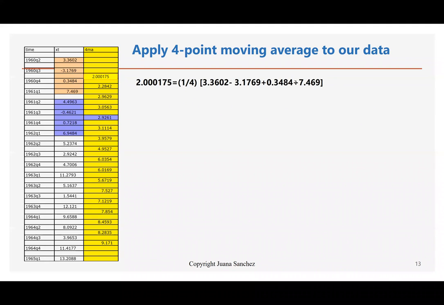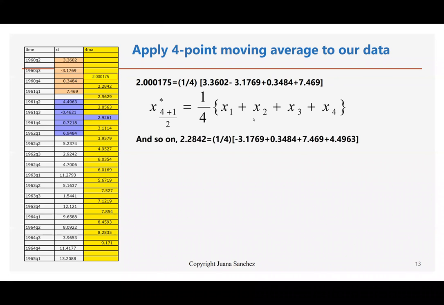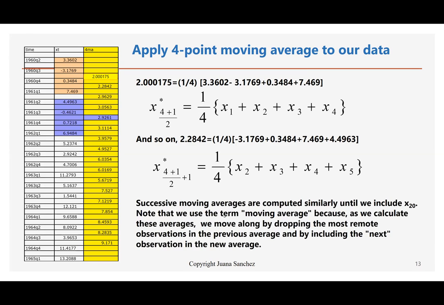We obtain it by averaging the first 4 terms, dividing their sum by 4. The second one was obtained by averaging minus 3.1769 plus 0.3484 plus 7.469 plus 4.4963, divided by 4. So successive moving averages are computed similarly until we include the last observation.